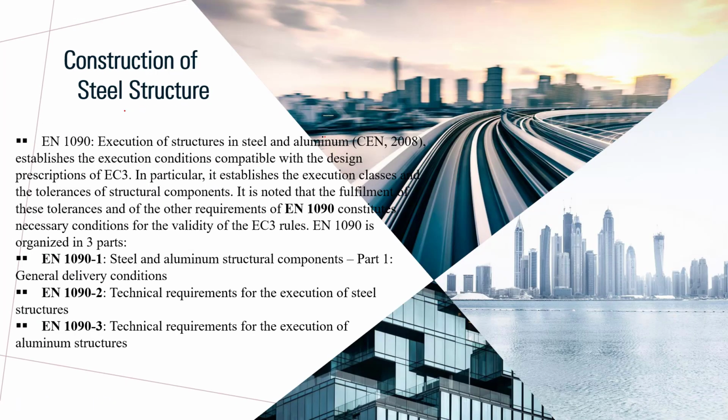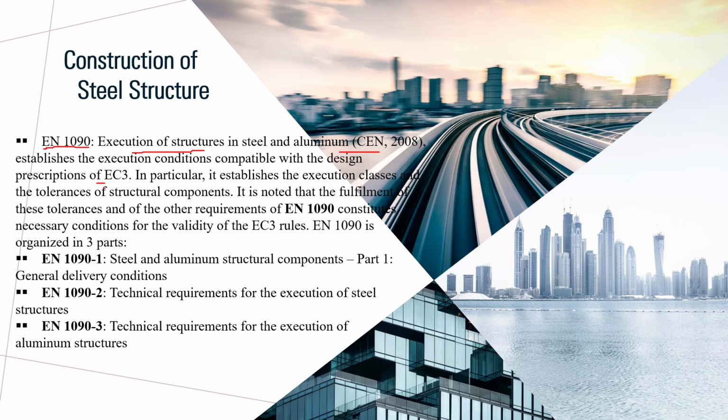What about the construction of the steel structures? There is a relation between design and construction, and we discussed it in case of reliability. We discussed it before, so there should be a match between them. So according to EN 1090, which is the execution of structures in steel and aluminum, it will be according to EN 2008, and also it will be a prescription of EC3.